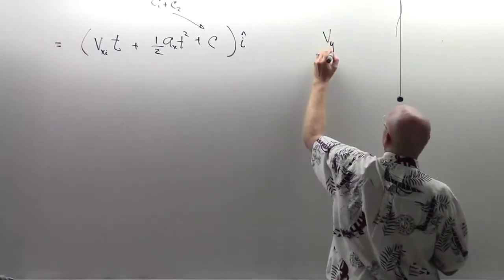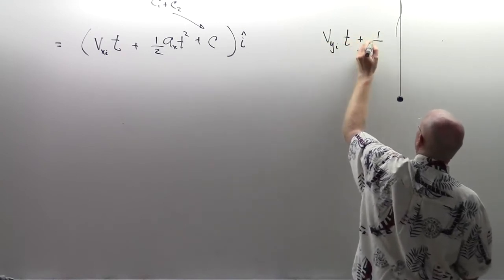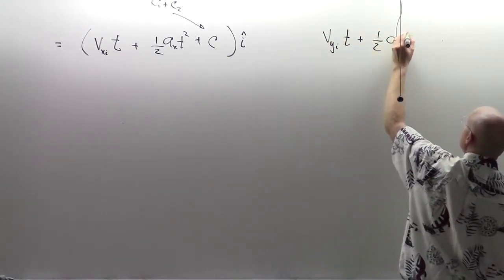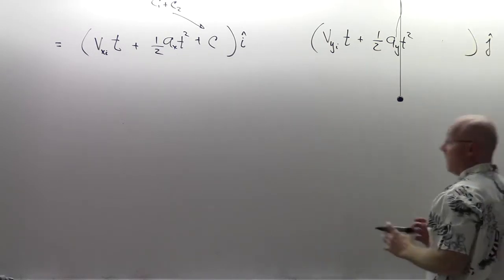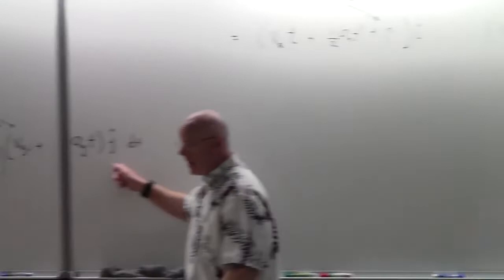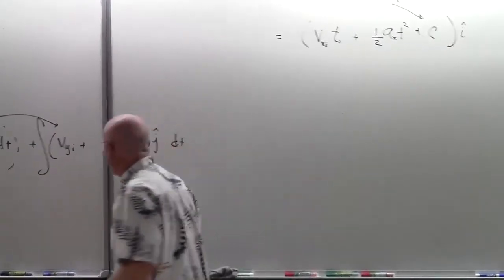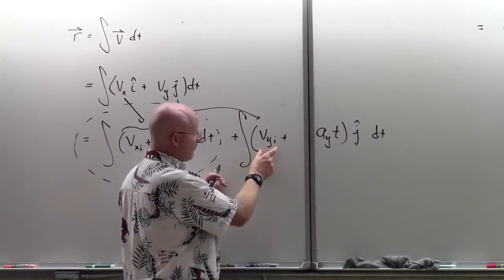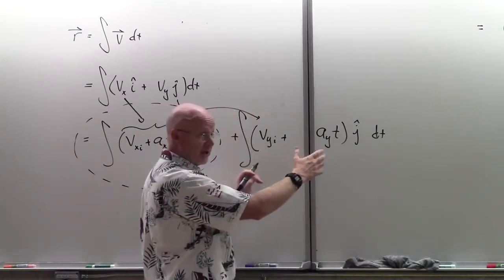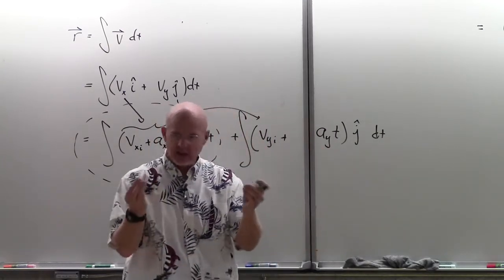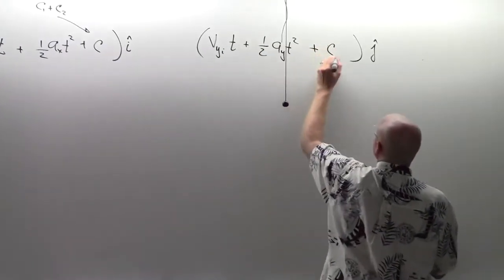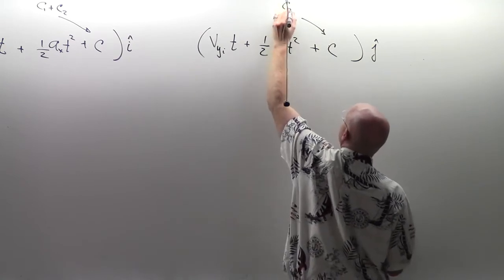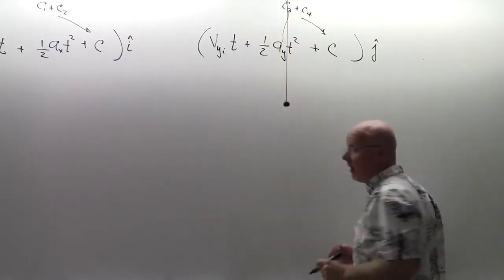And so I would have a Vy initial t. I would have a 1/2 Ay t squared. Each of those would be inside of the parentheses next to the j hat. And each one of those, as you pointed out, would have a constant with it. So I would have this first term plus a constant, and this term plus a constant. Those two plus constants can be put together. If you want to call this a constant, where that constant is made of number 3 and number 4, fine.